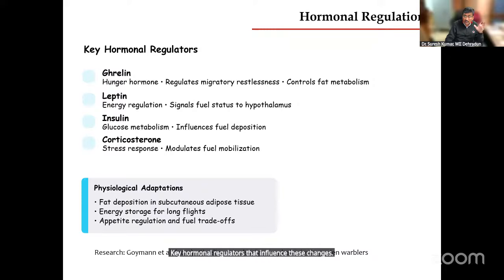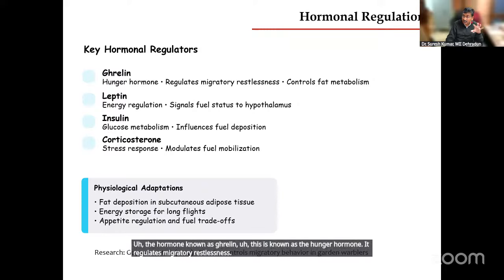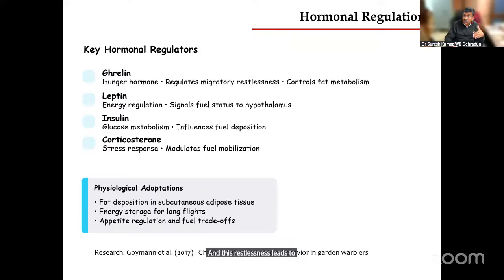The hormone known as ghrelin is known as the hunger hormone. It regulates migratory restlessness, and this restlessness leads them to start eating as much as possible. So there is hyperphagia. They feed extensively. So it basically controls fat metabolism and storage of food or fat.